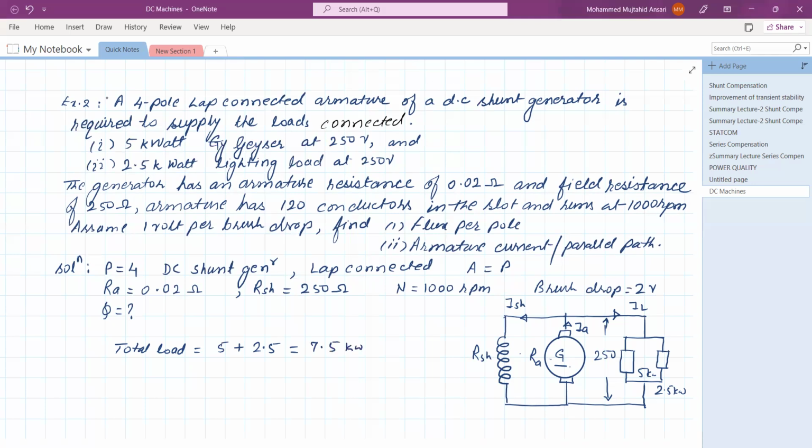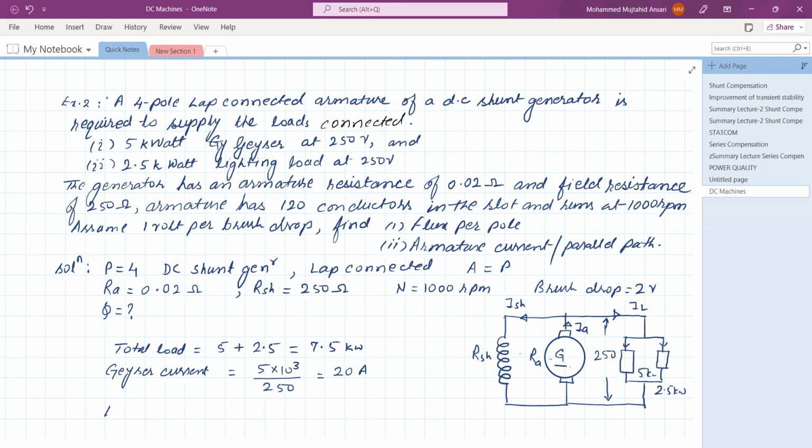Or you can calculate the current in the geyser as well as the current in the lighting load. So the geyser current is equal to 5 kilowatt, 10 raised to 3 to convert into watt, divided by 250. So this is equal to 20 ampere.